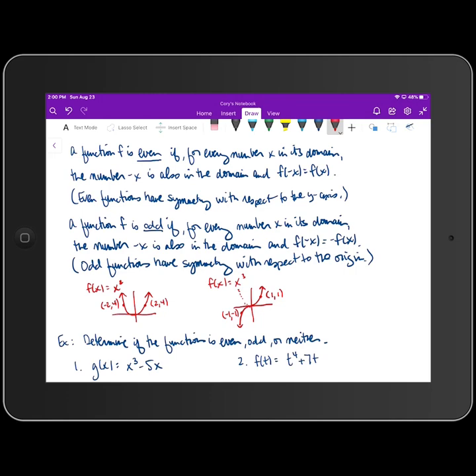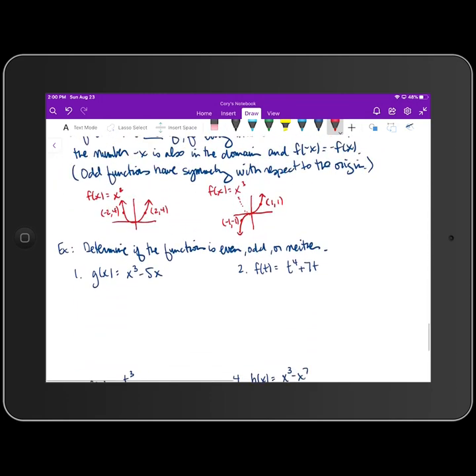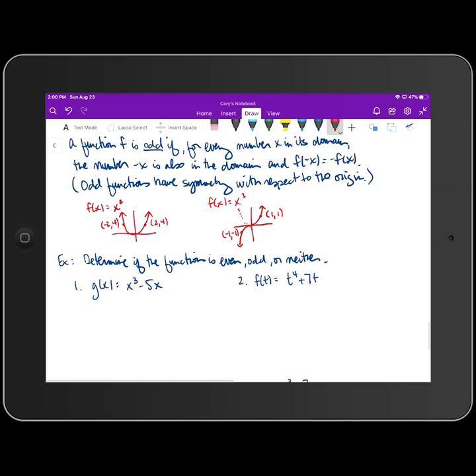Okay, so the last set of examples for us to look at are going to have us determine if the function is even, odd, or neither. The way we algebraically do this is for our function, we want to take the opposite of the input value and see what we get as a result.